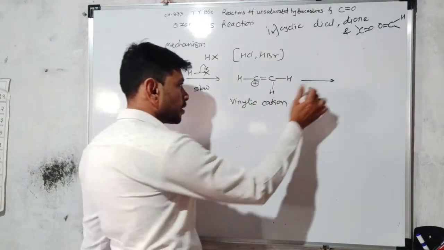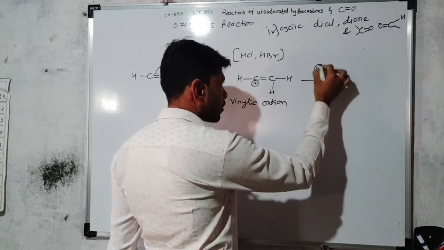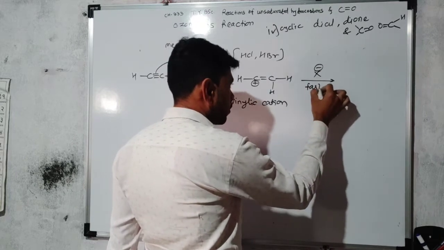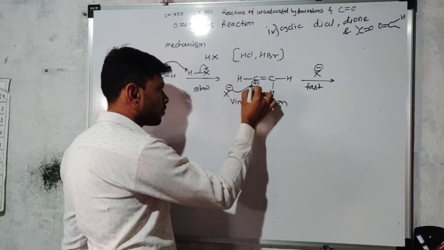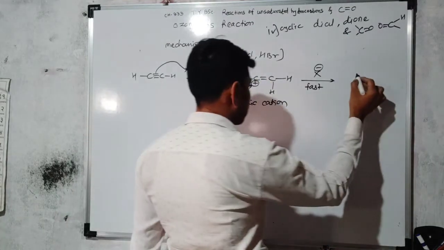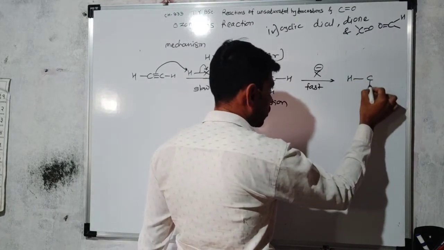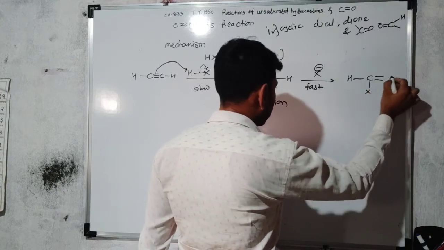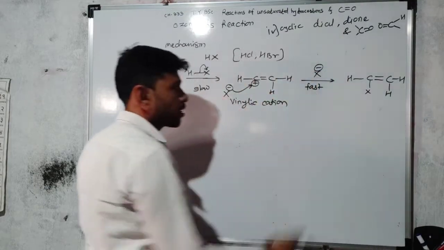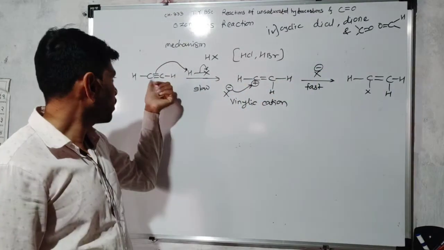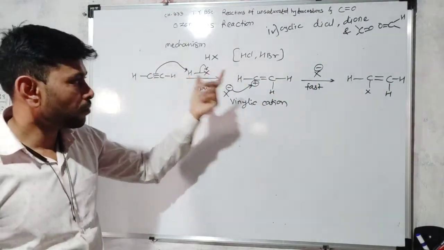The second step is a fast step where the nucleophile obtained previously attacks the vinylic cation, and we get the addition product.